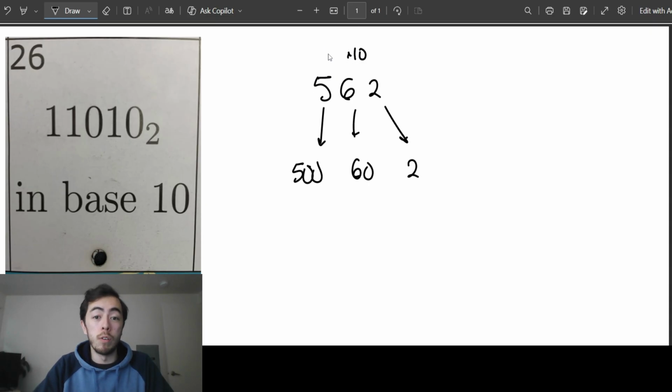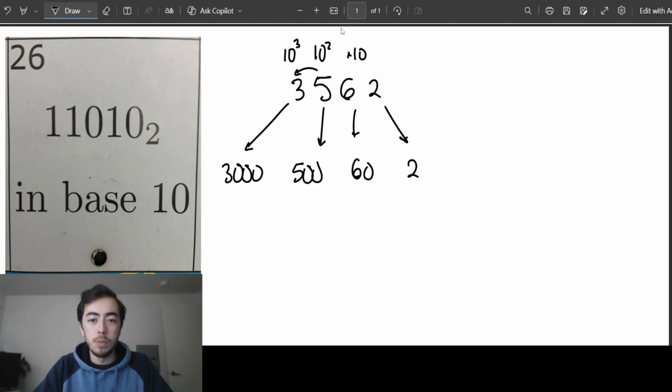When we move over the next place, it's times 10 times 10, or times 100, or times 10 squared. And then once we include some kind of place in the thousands, say a 3, that 3 actually means 3,000, and we're multiplying that 3 by 10 cubed.